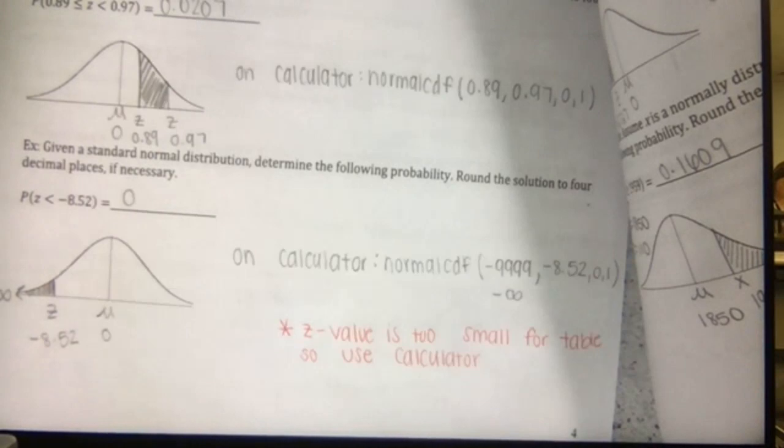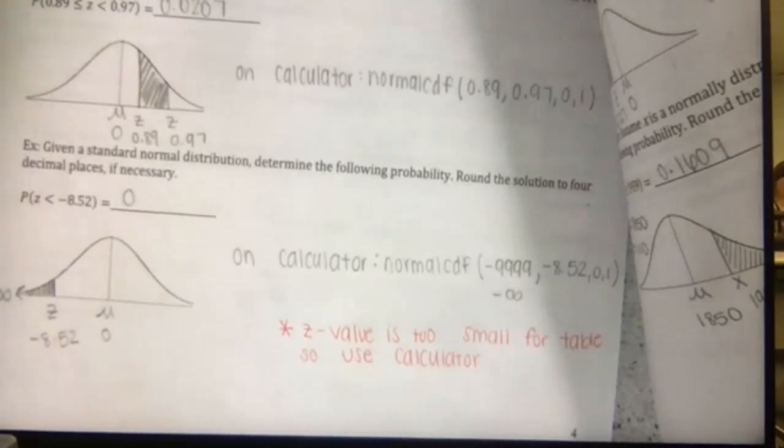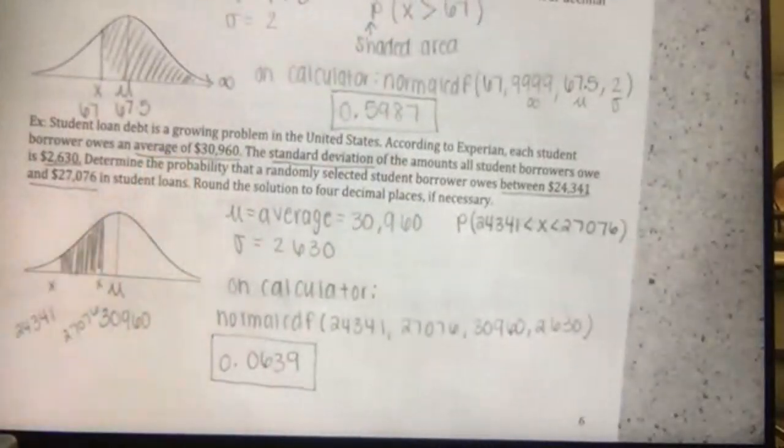No, because a word problem is more of like a real life scenario. If it's a real life scenario, usually our mean's not going to be 0 and our standard deviation's not 1. But if it was, you could still do it. It would just say standard normal specifically in the problem, and that would automatically tell you Z. So automatically tell you mean is 0, standard deviation is 1, and it wouldn't give you another option for our average or our standard deviation. Thank you for asking. That's a great question. What else?